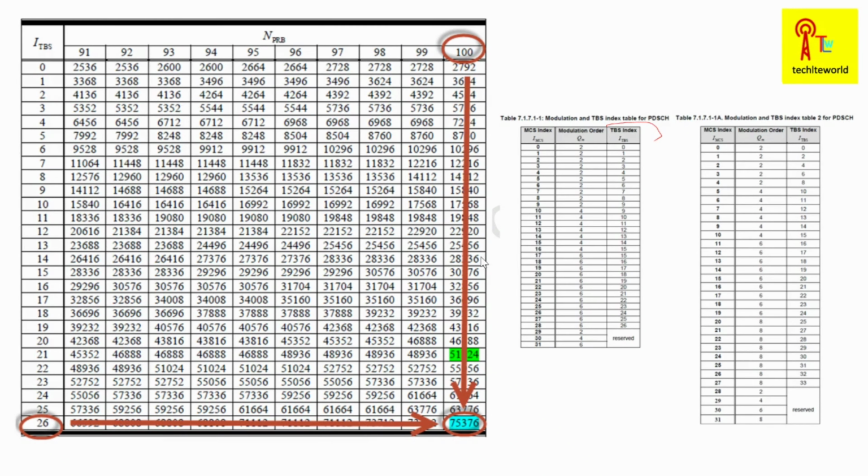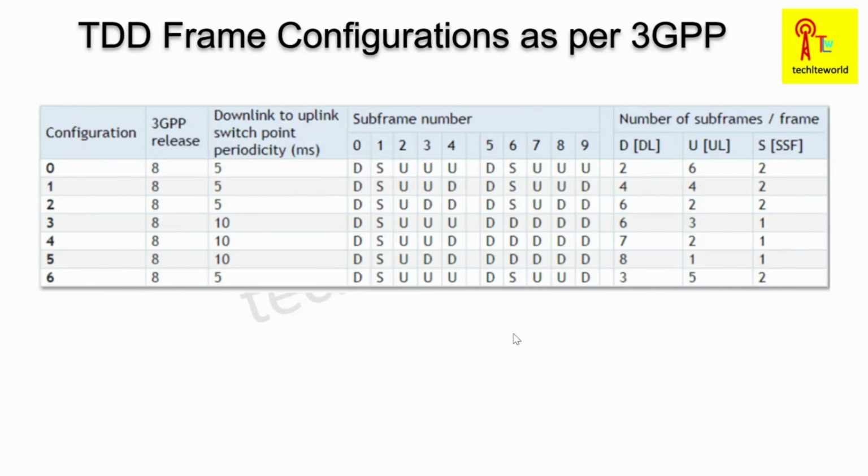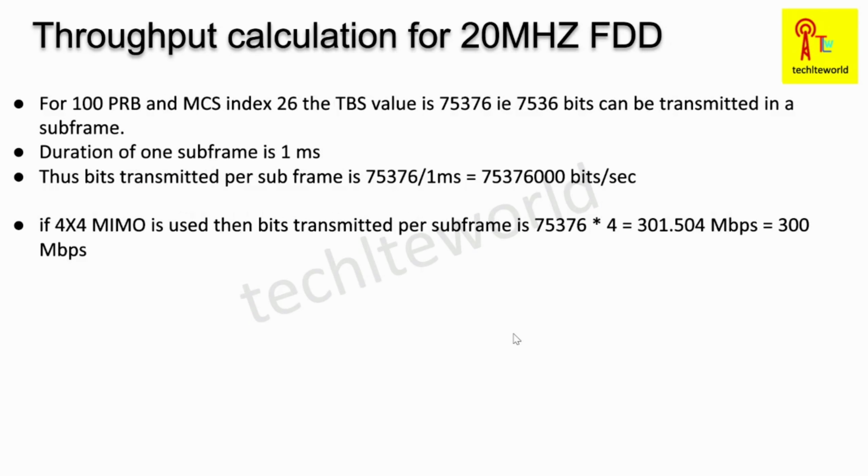As we know that we are considering 100 PRB, for this 100 PRB the TBS index is 26, and the number of bits which it can support is 75376, right? So in this 100 PRB, the MCS index is 26 and the TBS value is 75376, right?